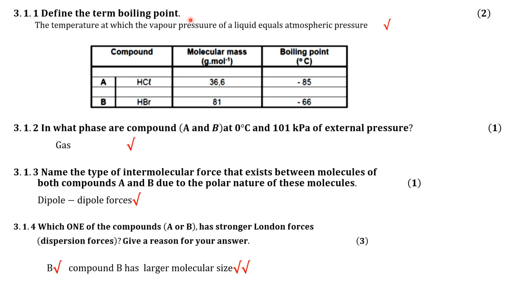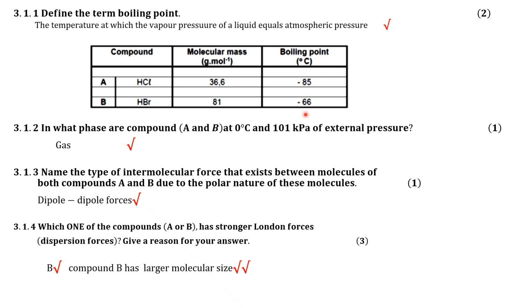So, define the term boiling point. It's the temperature at which the vapor pressure of a liquid equals atmospheric pressure. So vapor pressure and atmospheric pressure must be equal, 2 marks. Right, in which phases are compounds A and B at 0 degrees Celsius and at standard pressure, 101 kilopascal?